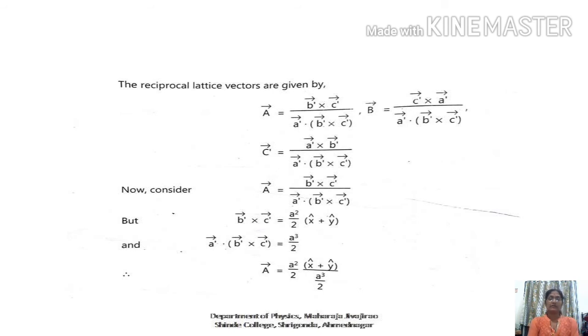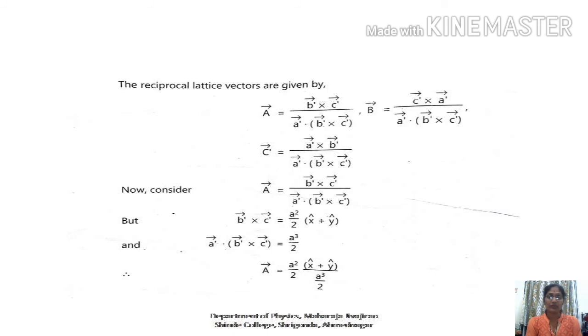B vector is given as C dash cross A dash divided by A dash dot B dash cross C dash, and C dash vector is given as A dash cross B dash divided by A dash dot B dash cross C dash. So considering the first vector along the x-axis, A is equal to B dash cross C dash divided by A dash dot B dash cross C dash.